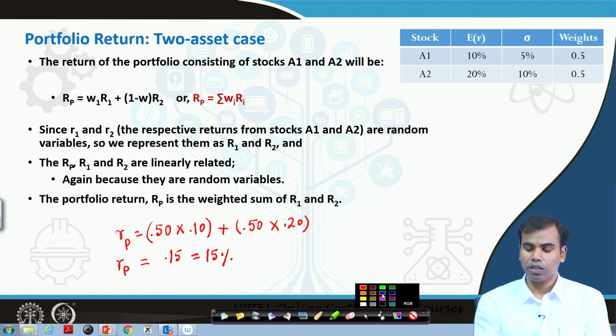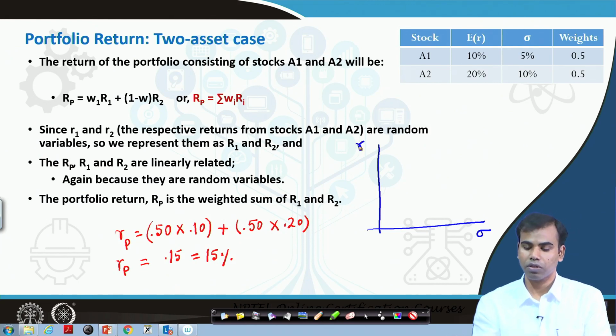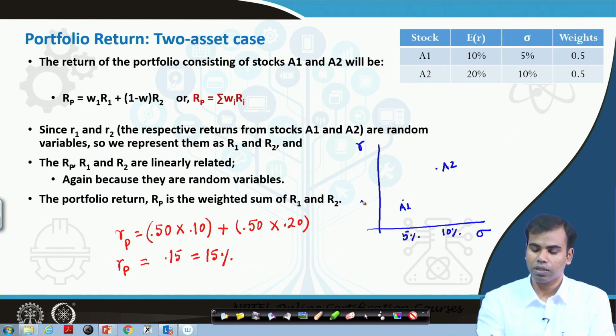If we try to illustrate through the graph method, we have already shown that the risk and return can be plotted on a two dimensional graph, and we know that this is A1 and this is A2, where this has 10% of risk, this has 5% of risk, this has 10% of return and this has 20% of return.